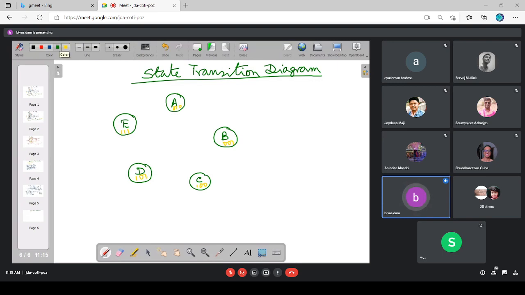Now you are initially in state A. Now how many different input combinations are possible at this state? Two. What are they? 0 and 1.